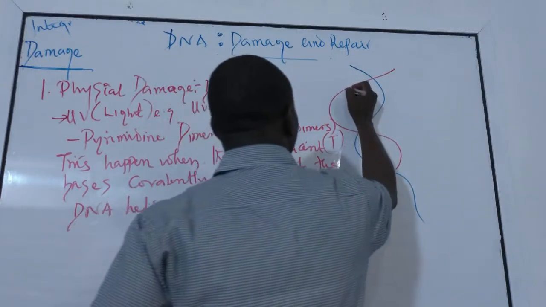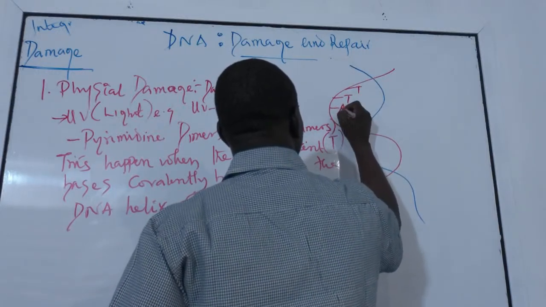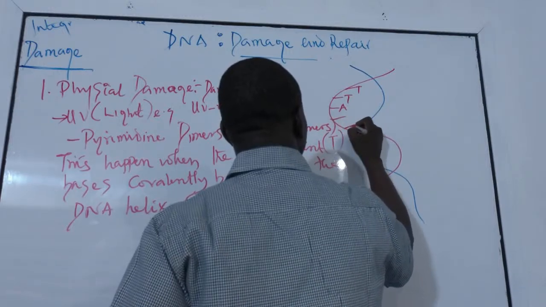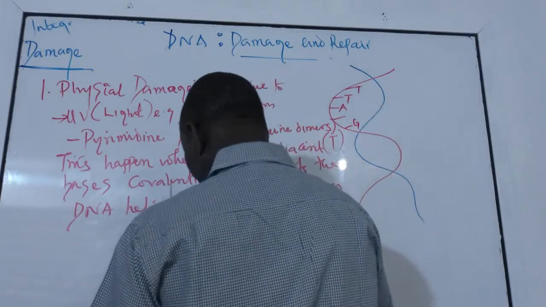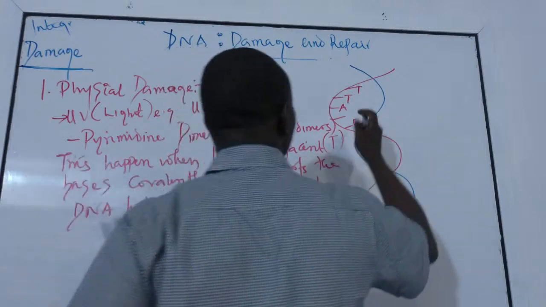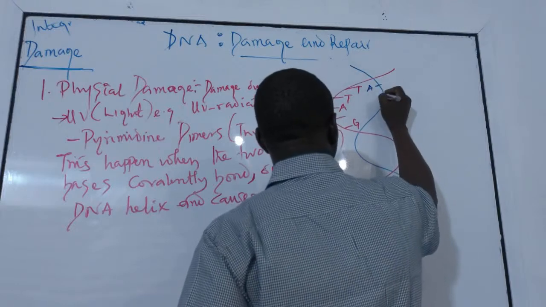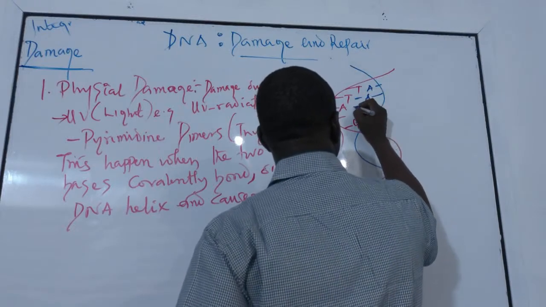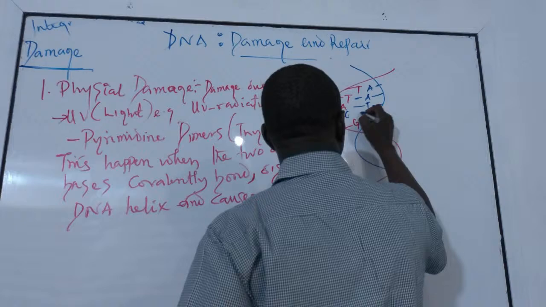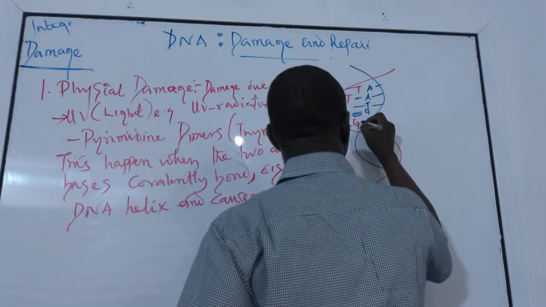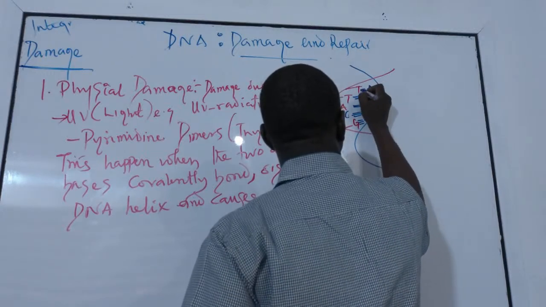Now if you have T, you have T, you have A, you have G, for example, the law of complementarity will tell you that this one will be A, this one is going to be A, this is going to be T. Let's say this is C, this is going to be G, then this also is going to be C as well. This will be double bond, double bond, double bond.